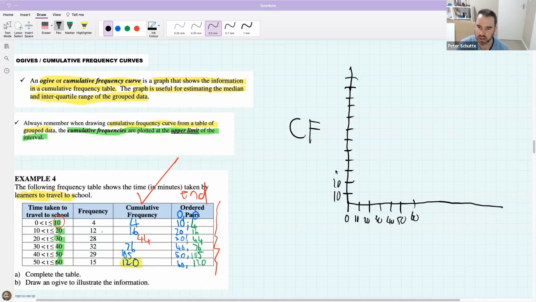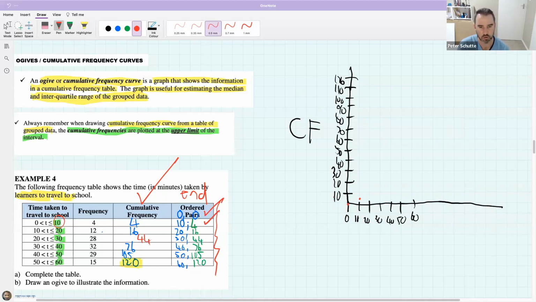I'm going to use this scale to help me keep track of what I'm doing when I plot these points. So my very first point was the point 10, 4, which is going to be here, although actually my very first point is the grounding point, which is here.